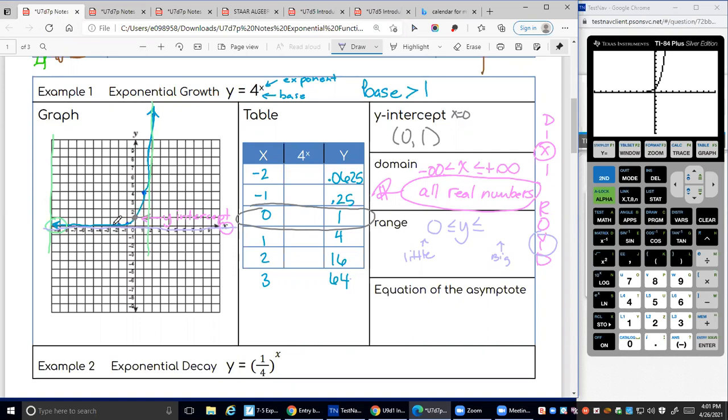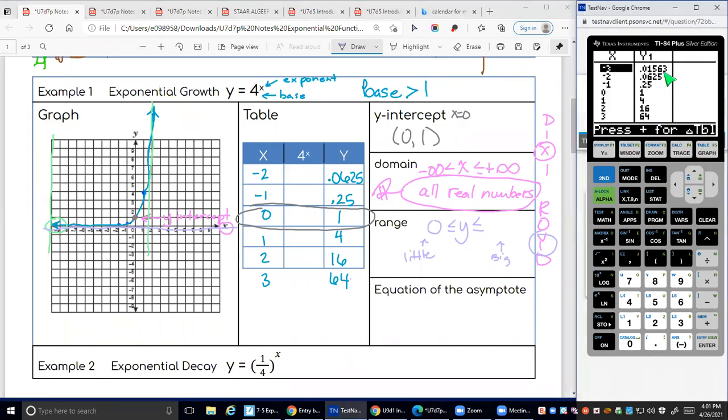So does it ever touch 0? I don't know. And how we can tell is, look at my table. Do you see any negative? We got these funky numbers, but that's scientific notation, and all that means is that these numbers are crazy, crazy small, but you don't see a negative in front of any of them. So it gets super, super close, but it never, ever gets to 0.